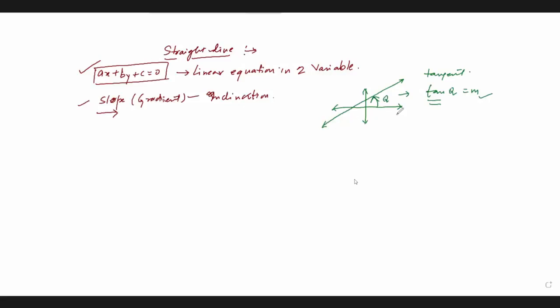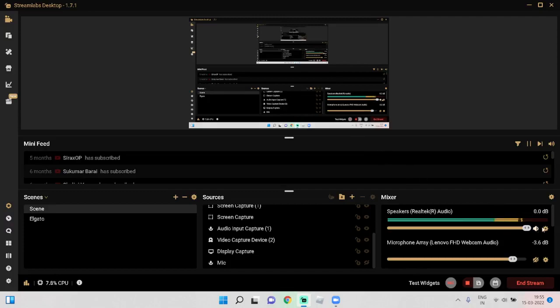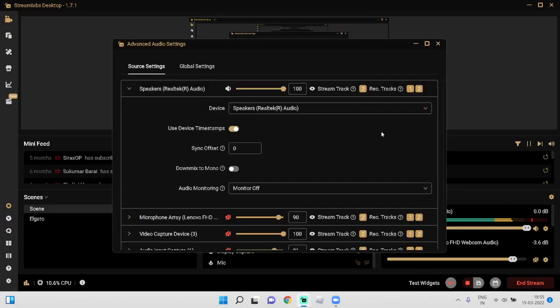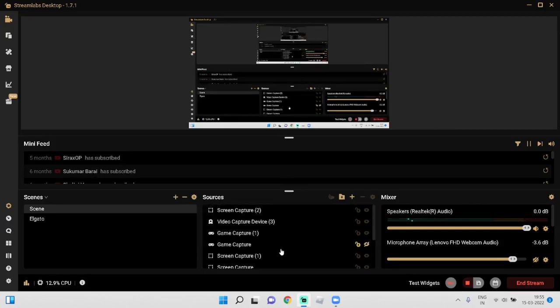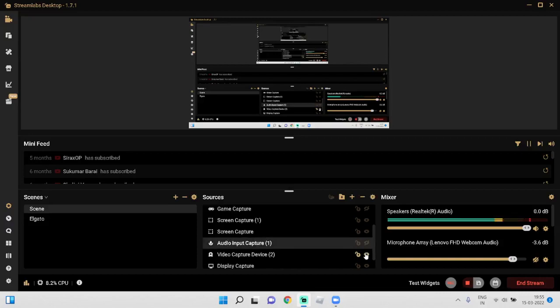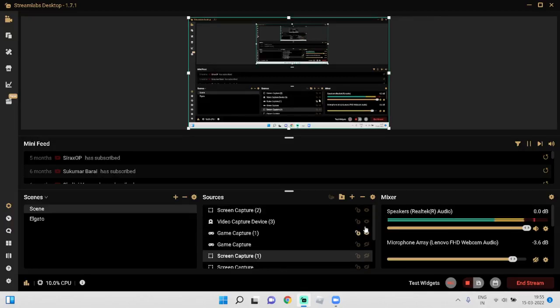Another way I told you to find a slope of a line was when two coordinates have been given to us. Suppose P is a coordinate on a line and Q is another coordinate. P is x1 comma y1 and Q is x2 comma y2. So how to find the slope, or gradient? The formula for m is y2 minus y1 divided by x2 minus x1.